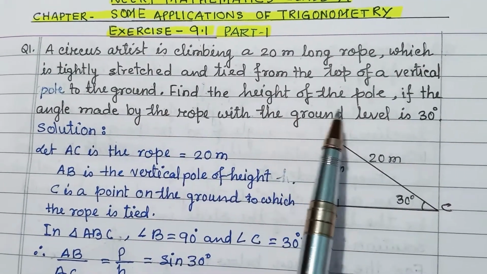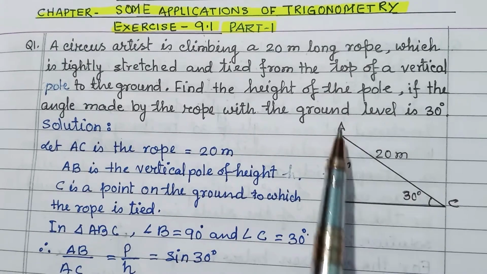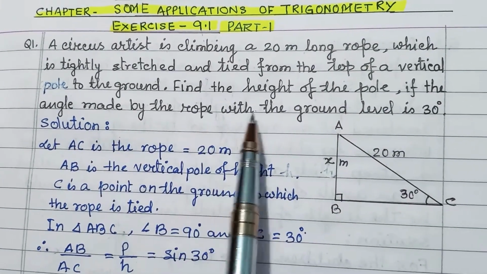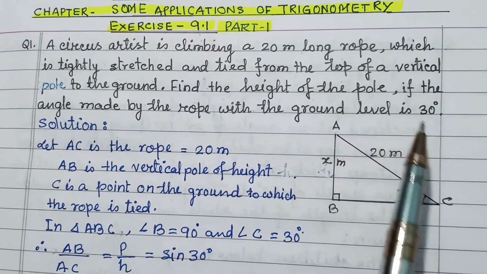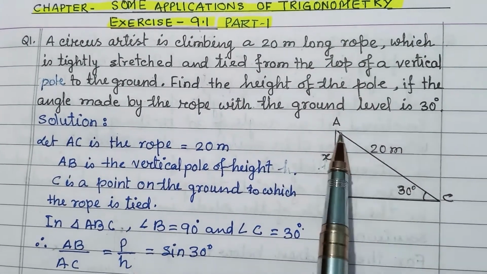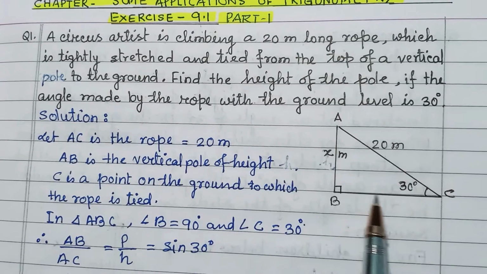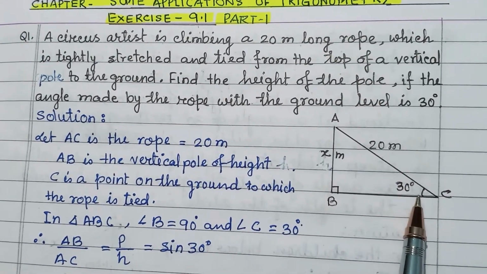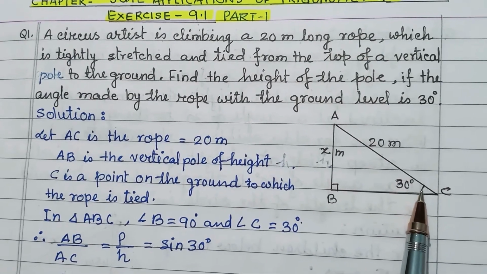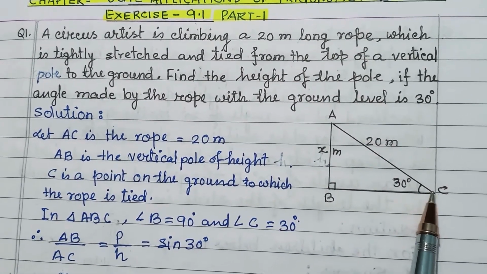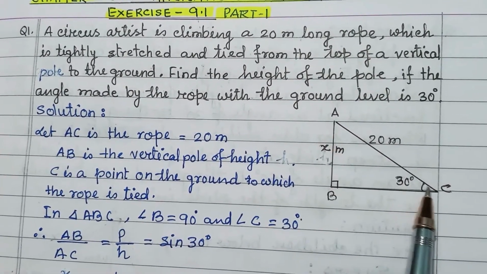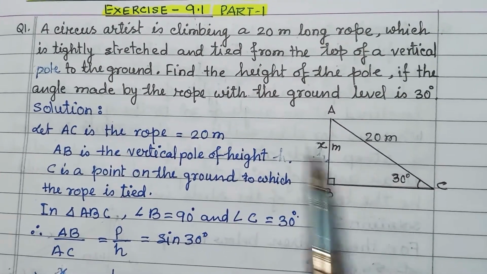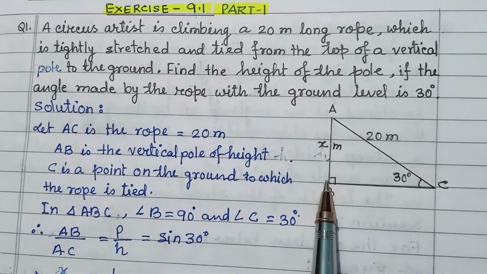Find the height of the pole if the angle made by the rope with the ground level is 30 degrees. The angle formed with the ground, the horizontal line, is 30 degrees. So it is the angle of the observer, and the angle of elevation is 30 degrees. Find the height of the pole.